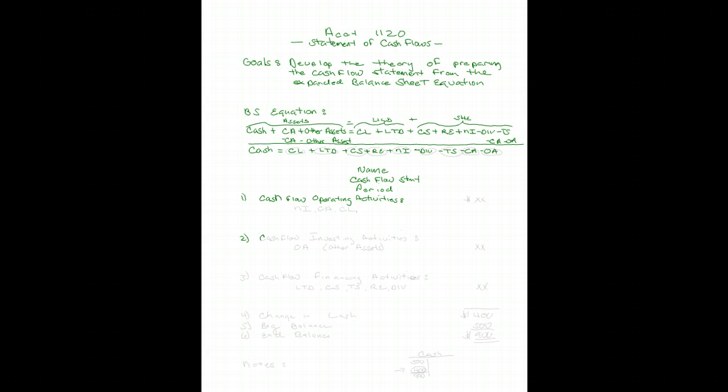The next big section will be cash flow from investing activities. And that will be where we have dealings in our other assets. We'll have changes in property, plant, and equipment, and land, and those things. Investing in ourselves.